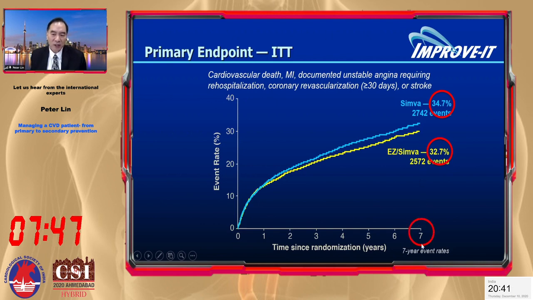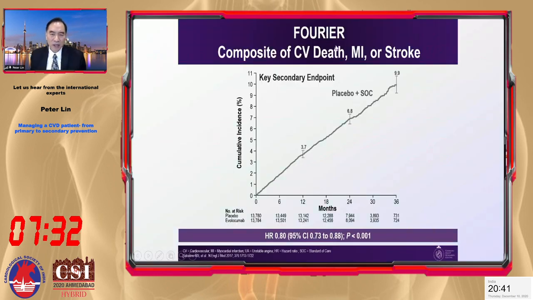And you actually have to wait 7 years. So therefore the thought of ezetimibe on top of a statin actually takes quite a long time to show benefit. And to get this 2% benefit, you actually have to have a lot more events happen before you can see that benefit. So that's why the FOURIER study looking at PCSK9 inhibitors was of some interest.